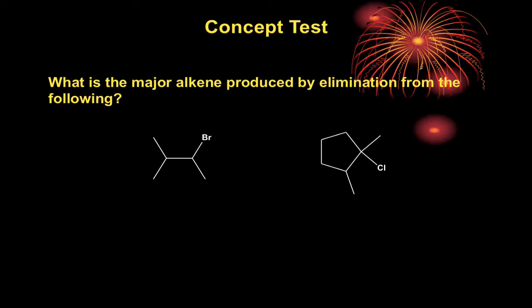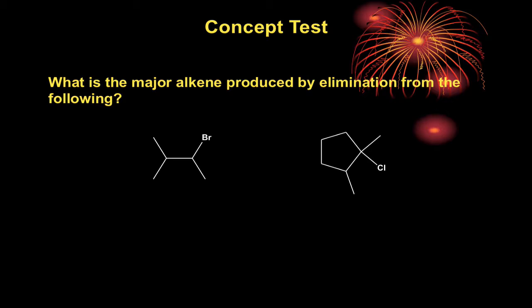If I eliminate this hydrogen, I end up with a tetrasubstituted alkene. If I eliminate this hydrogen, I end up with a tetrasubstituted alkene. Your argument would be that you would get predominantly tetrasubstituted alkene, but it would be a mixture of this isomer and that isomer.